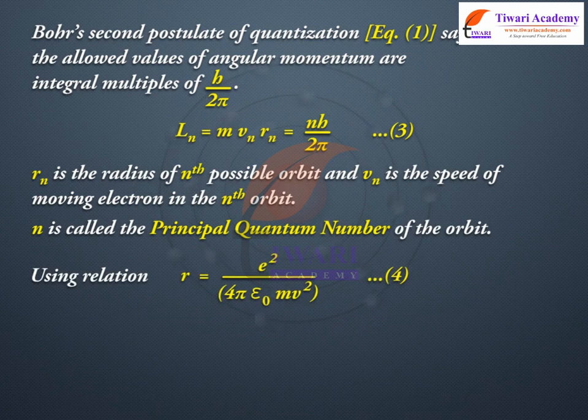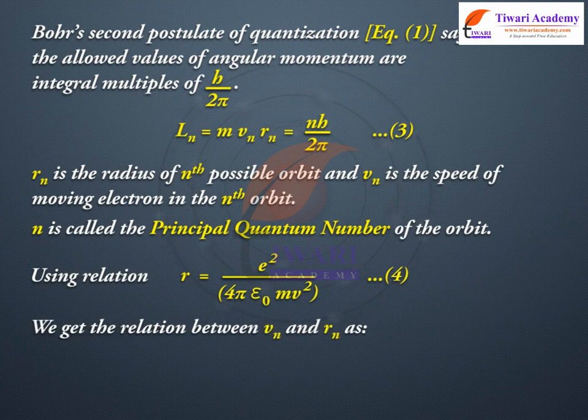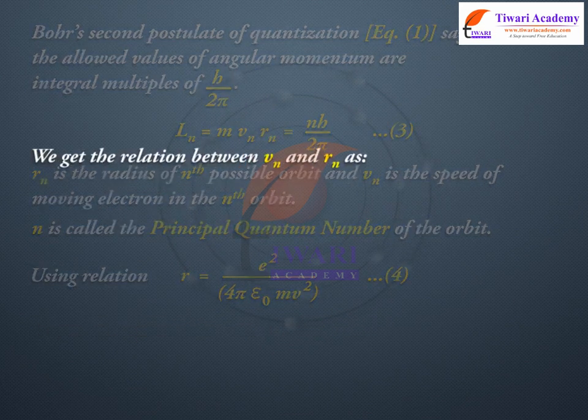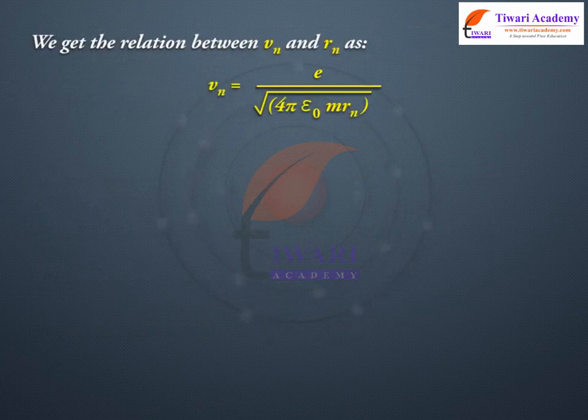Using the relation r is equal to e square upon 4 pi epsilon naught m v square, equation 4, we get the relation between Vn and Rn as Vn is equal to e upon under root 4 pi epsilon naught m Rn.